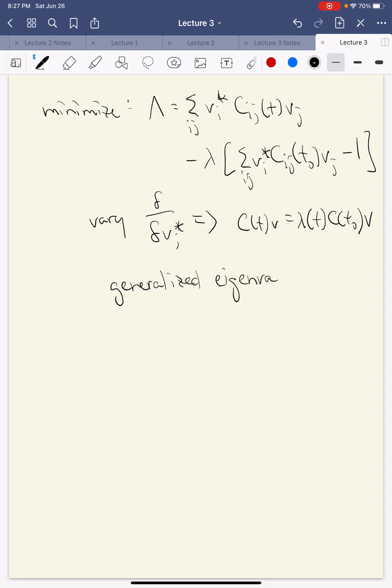It looks very similar to the one that we had with matrix Prony, except now instead of having vectors, C is a matrix. And in particular, it's a positive definite matrix. So as I said, for a positive definite matrix, the eigenvalues are positive, which is good because we're talking about a variational principle here.